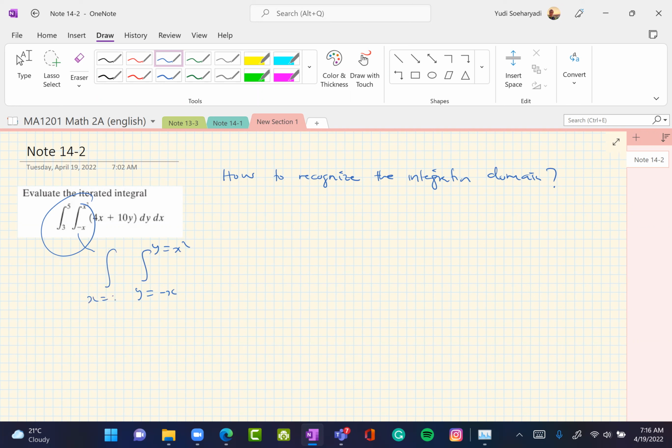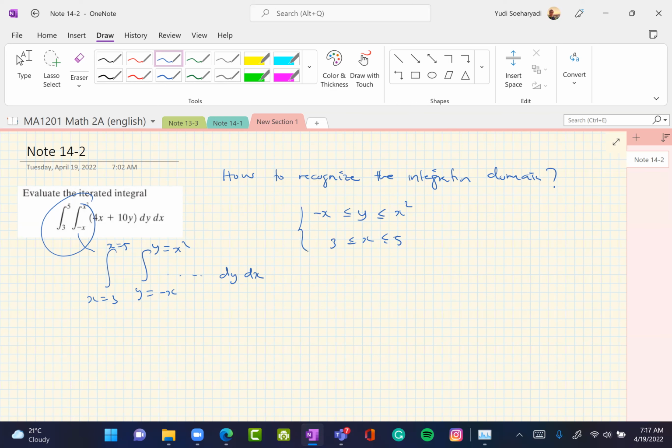This is x equals 3, x equals 5. So that is the bound. Okay, so the area of integration is this one here. So y is less than minus x squared, and x is between 3 and 5.